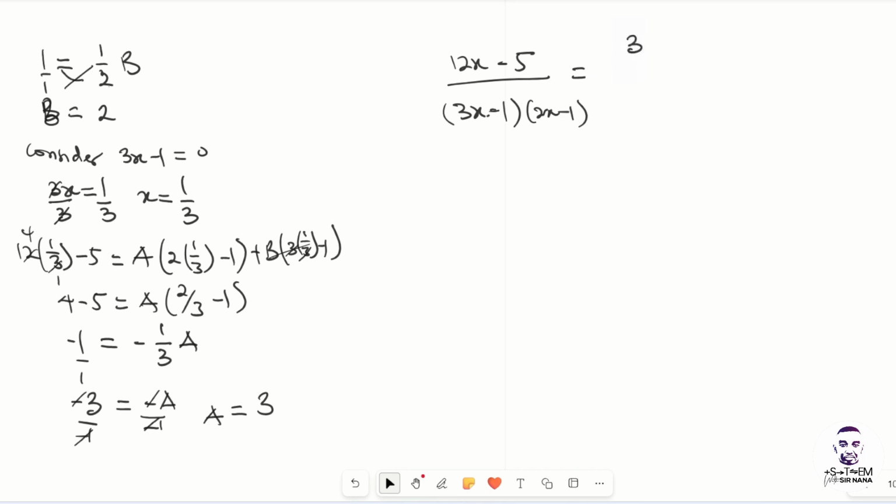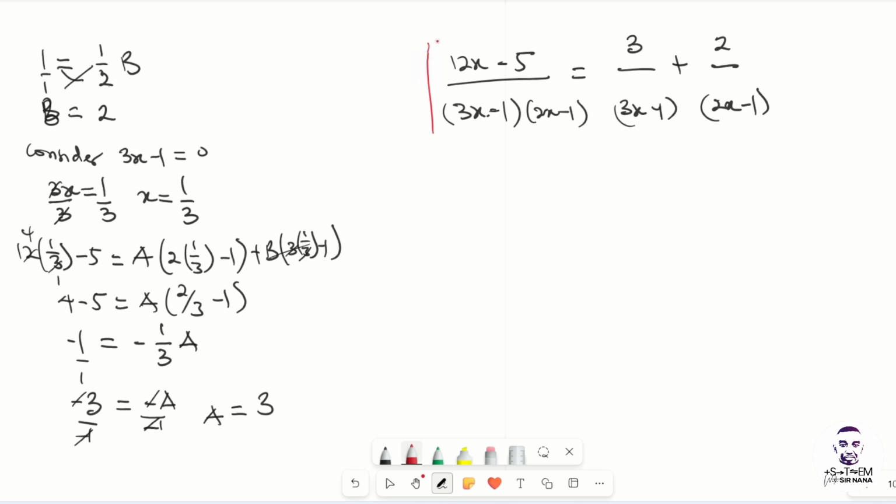So we'll substitute the a with the value 3 all over 3x minus 1, right, plus the b is 2. So 2 all over 2x minus 1. So this is resolving the partial fraction, right, or resolving the rational function into a partial fraction.